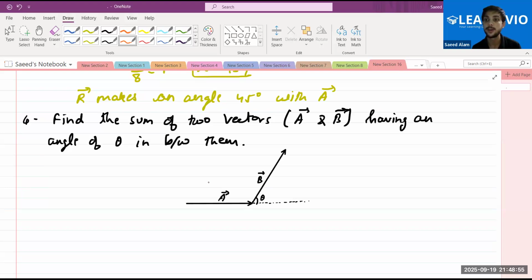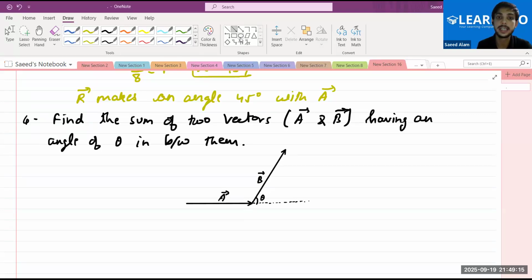And if two vectors are perpendicular to each other, I can also find the resultant very easily. We had discussed this in the above three cases, which were the most important ones, and using those cases we are solving the other ones. Yes or no? Yes.